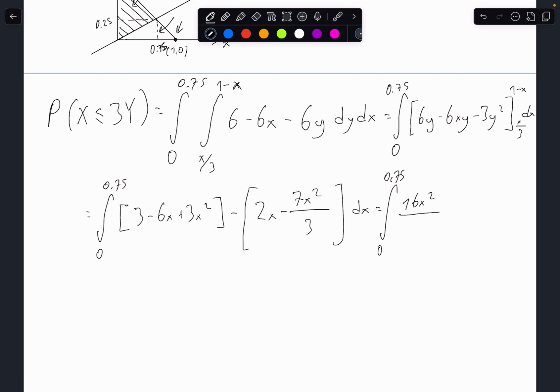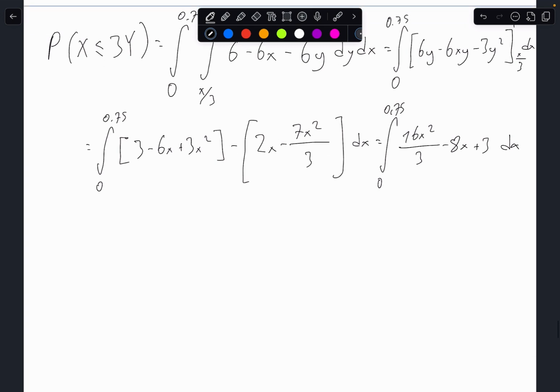0 to 0.75, 16x squared divided by 3 minus 8x plus 3 dx equals 16x cubed divided by 9 minus 4x squared plus 3x, bounds are 0.75 to 0, equals 0.75.